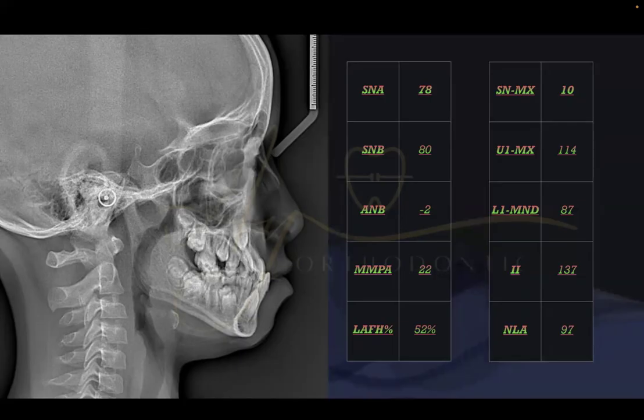If there is an increased vertical dimension, the high pull face mask can be used to control the increased vertical dimension, but if the... I cannot recall. Okay, could you please tell me what are the difficulties you may face during wearing the face mask by the patients?